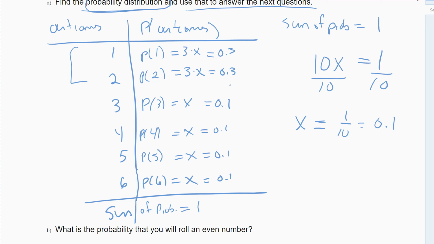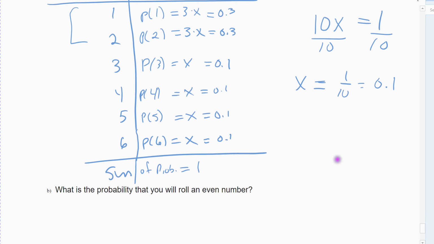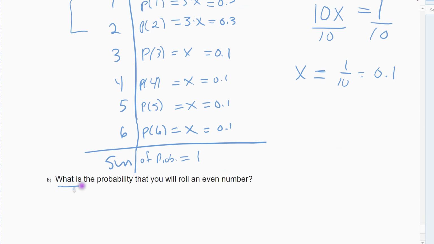Alright, so those are my outcomes. I needed this in order to answer the question. I can't actually answer the question unless I've drawn out this probability distribution. So what's the probability, if I'm rolling this unfair dice where the 1 and the 2 are 3 times as likely, that I'll roll an even number?